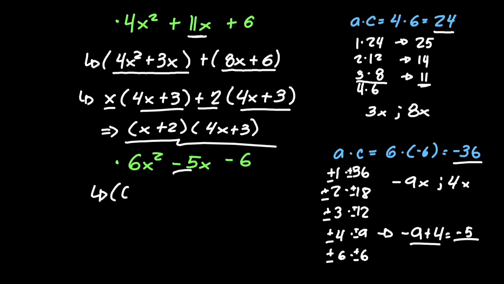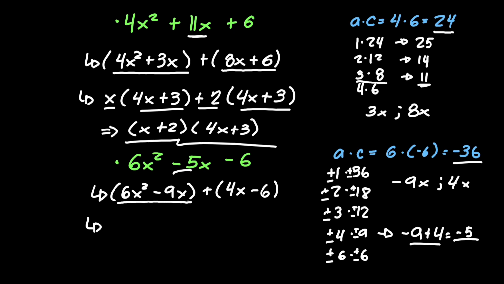So it will be 6x squared minus 9x plus 4x minus 6.